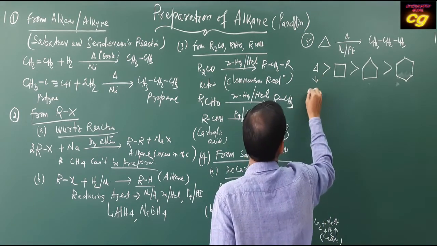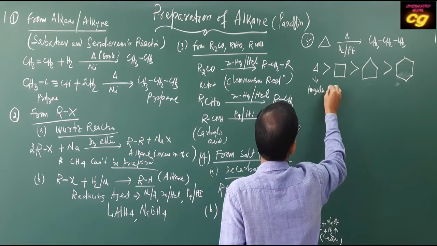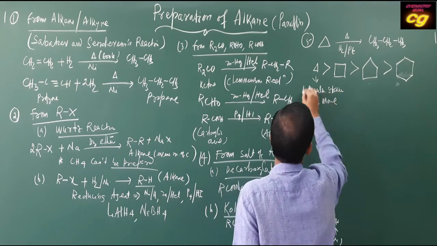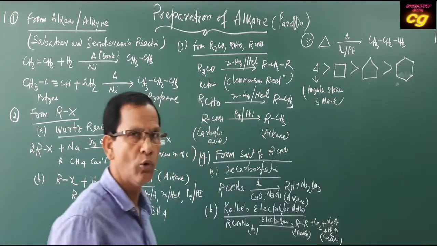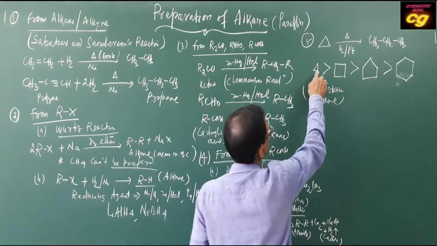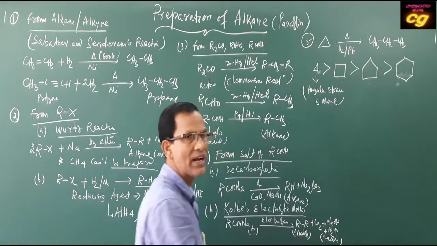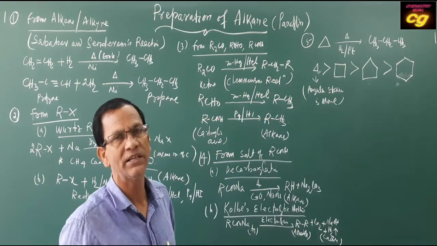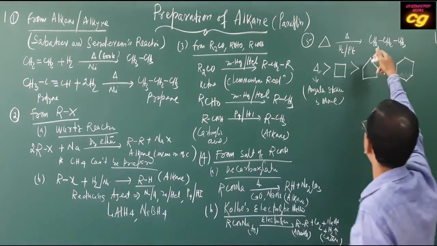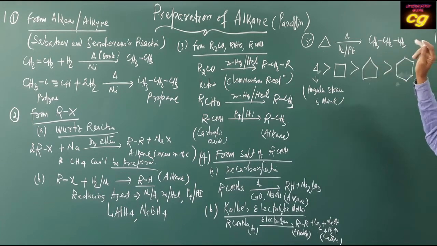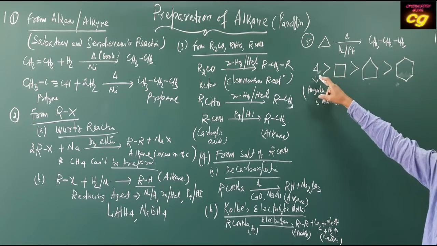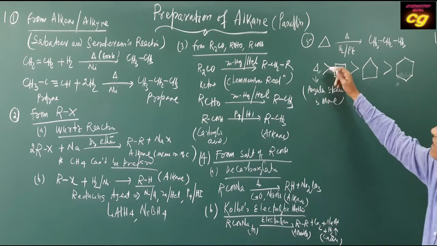In this case, more angular strain means more instability. The stability is very less, so it is very reactive. Cyclopropane is more reactive than cyclobutane, cyclopentane, cyclohexane due to increasing angular strain. Here the bond angle is 60 degrees, so angular strain is more.